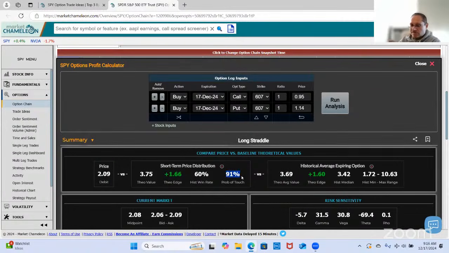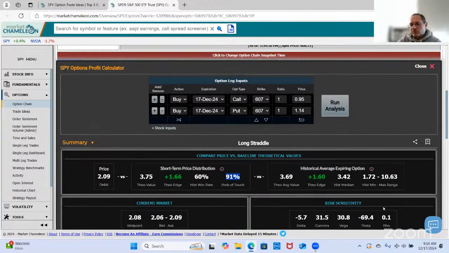So if we used all the data, not just end of day to end of day, but end of day, intraday, high, low, and end of day data, then you could see that it actually has a pretty high chance of hitting it at any point. Okay. So that was a 91% probability of touch.